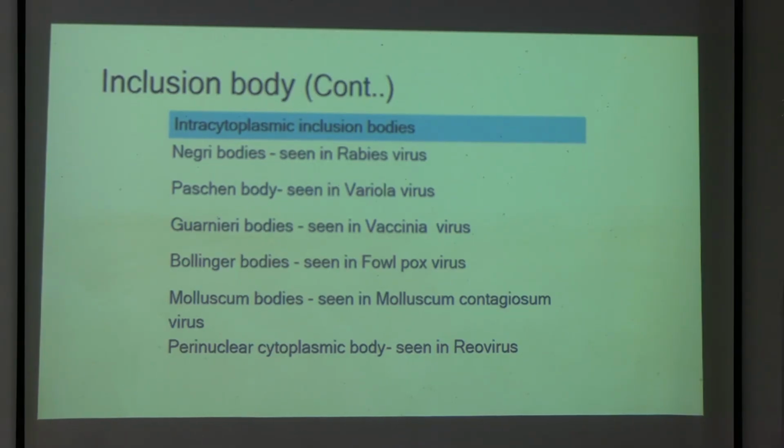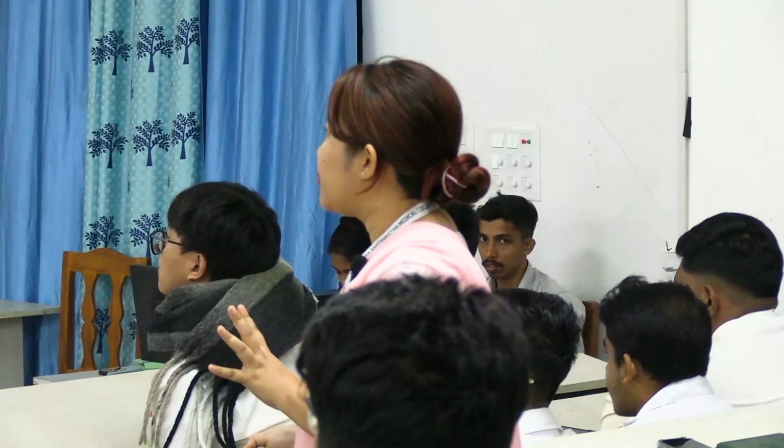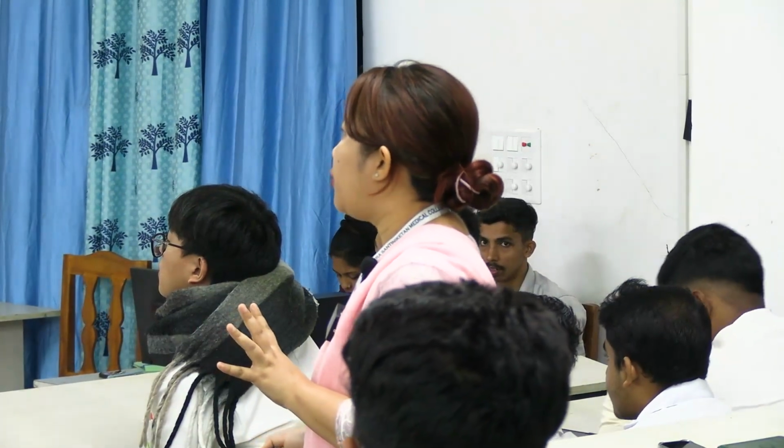The intracytoplasmic inclusion bodies include Negri bodies. Negri bodies are seen in rabies. These questions will be asked to you. Suppose a question comes, example of inclusion body. If you write Negri bodies, Paschen body, Bollinger bodies, you will get half of the marks.